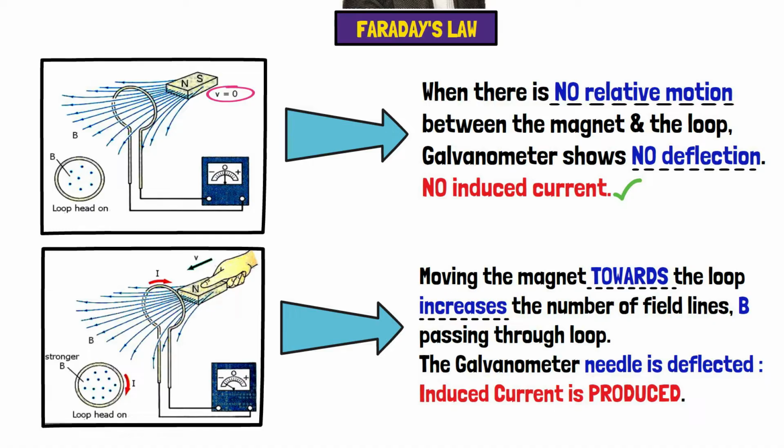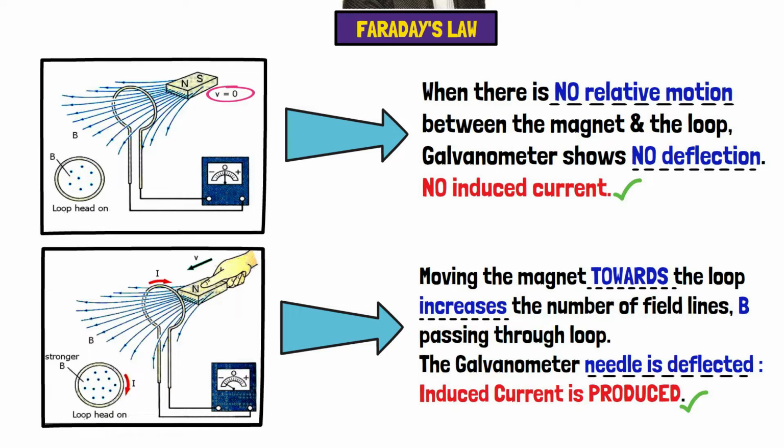So bila ada perubahan magnetic field lines, dia meningkat, akan juga berlaku perubahan magnetic flux in this case. So, bila ada perubahan ini, apa yang kita boleh nampak, galvanometer needle is deflected dan ini menunjukkan there is an induced current produced in the coil.